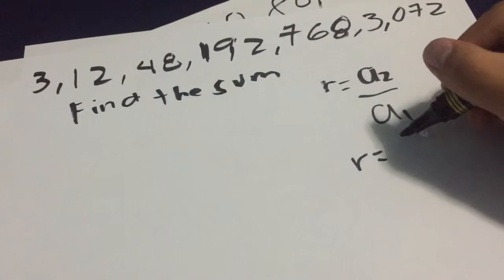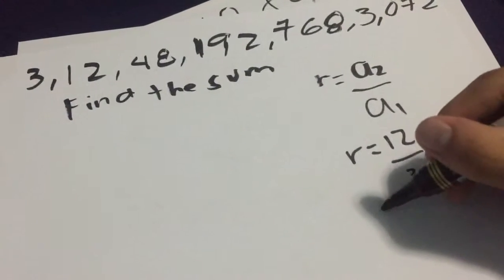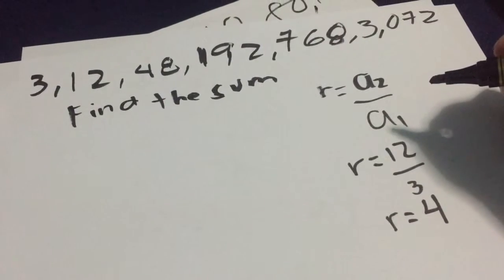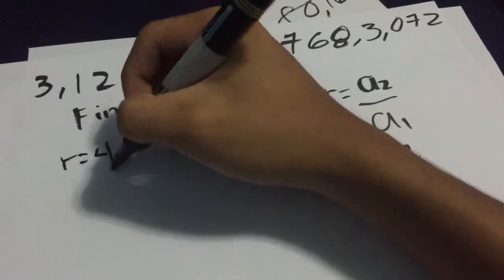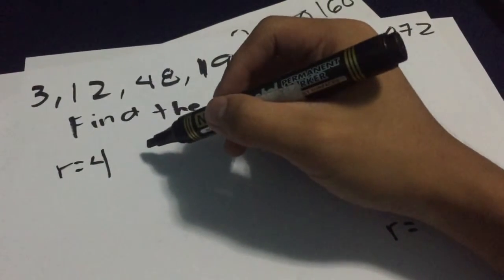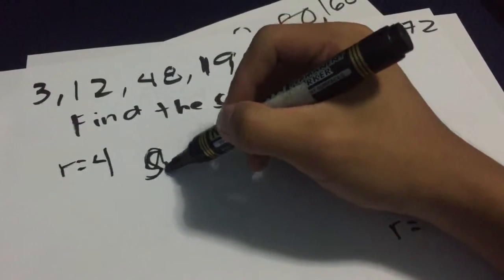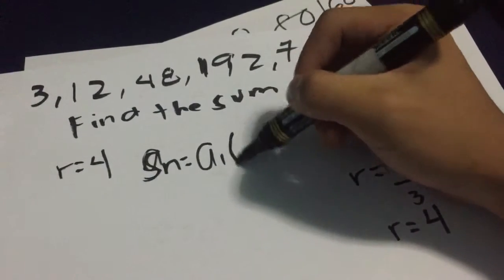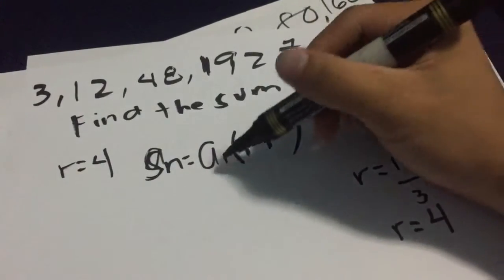So 12 divided by 3 is equal to 4. So now our common ratio is given. So we are going to proceed to our formula. S sub n is equal to a sub 1 times 1 minus r raised to the power n.